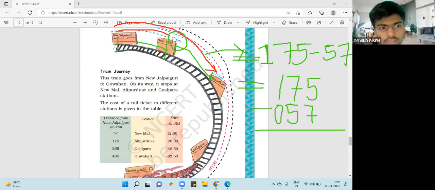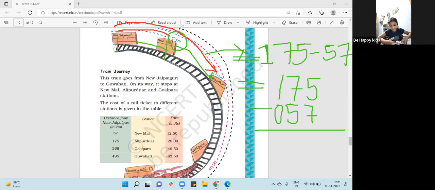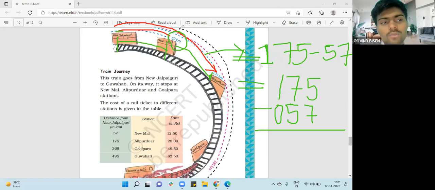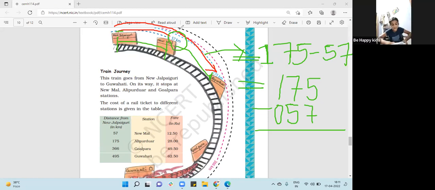Okay, 15 minus 7. So what is 15 minus 7? 15 minus 7 is 8. And then afterwards?